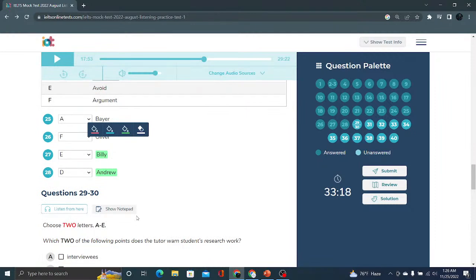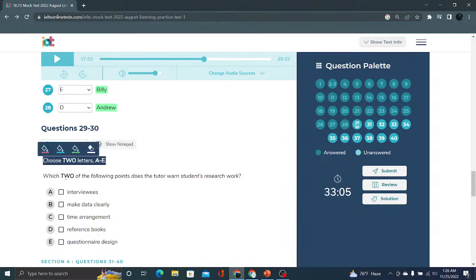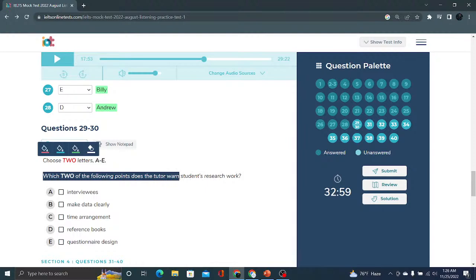Now let's move on for question number 29 to 30. So let's read it. Choose two letters A to E. Which two of the following points does the tutor warn students about their research works? Okay.